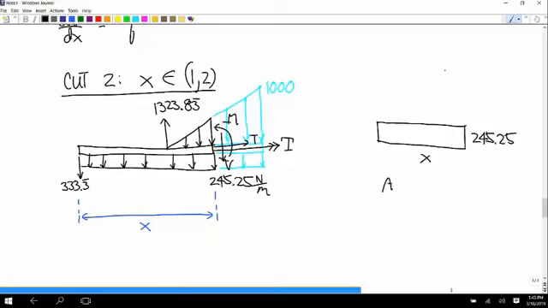And so the area, the total force, is 245.25x. And the centroid is right in the middle again, so that's x over 2.